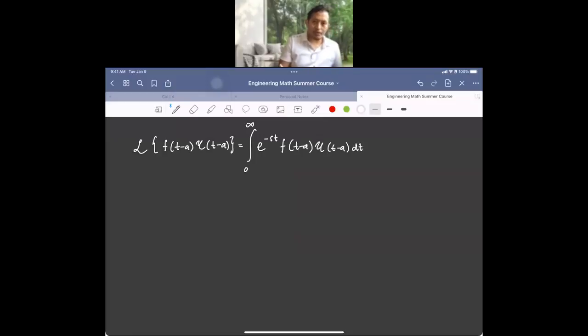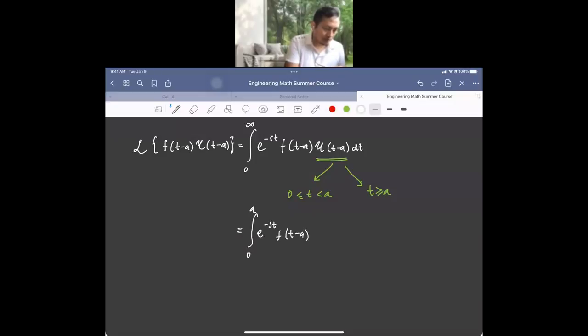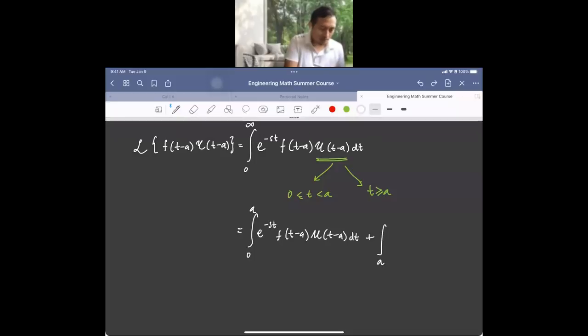First we consider the Heaviside with our intervals, 0 to a and a to infinity, so we divide this integral into two separate integrals: first from 0 to a, plus a to infinity.